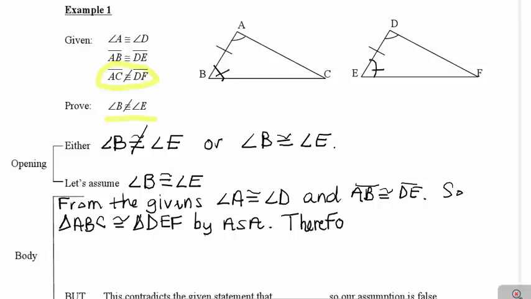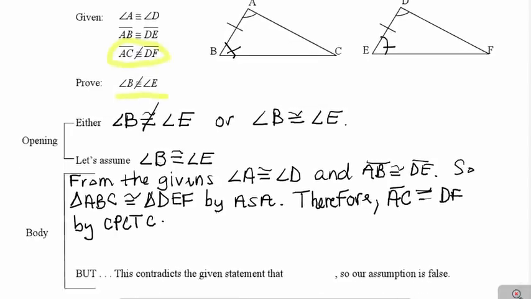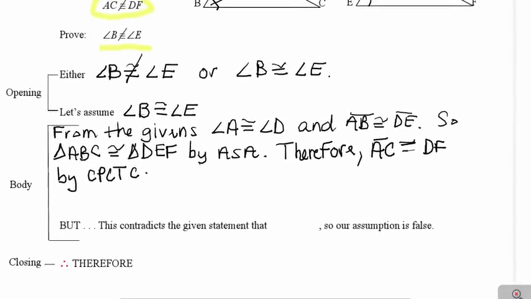So therefore, AC would be congruent to DF by CPCTC. And this is where you kind of stop your proof, because you've reached that contradiction. So, but this contradicts the given statement that AC is not congruent to DF.